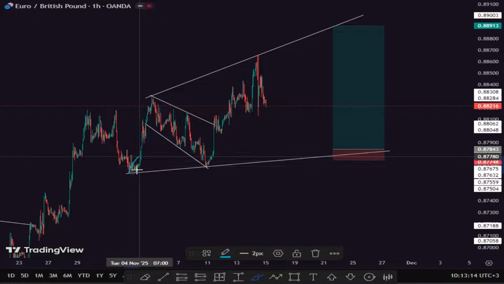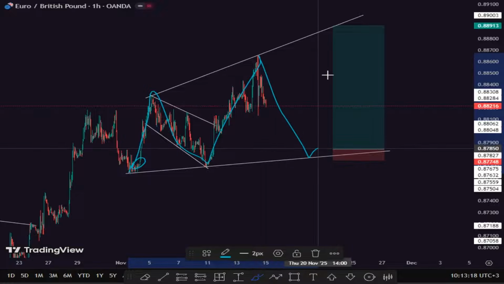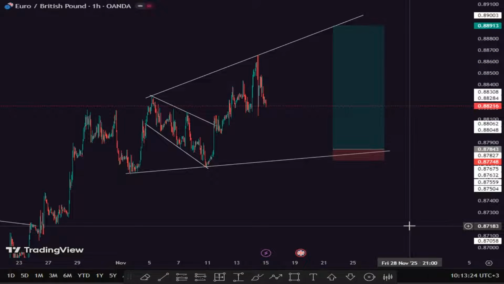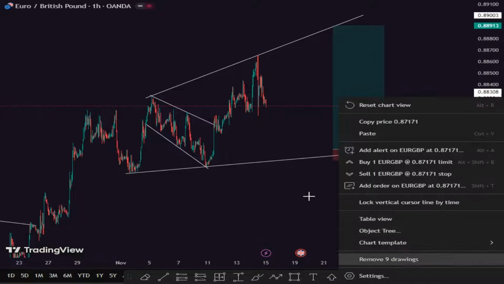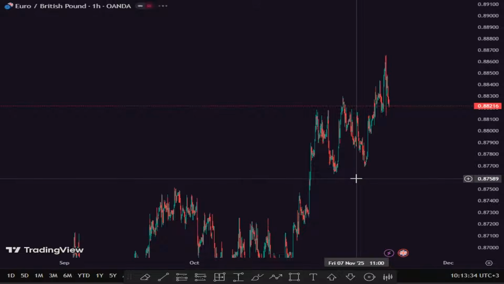Because why? Higher high, higher low, 2nd touch, higher high, higher low, 3rd touch, higher high right there, gives us a 3rd touch. That is a very simple way to do your analysis. Now let's try to incorporate ICT and SMC, but we will also try to add these patterns. Correct.